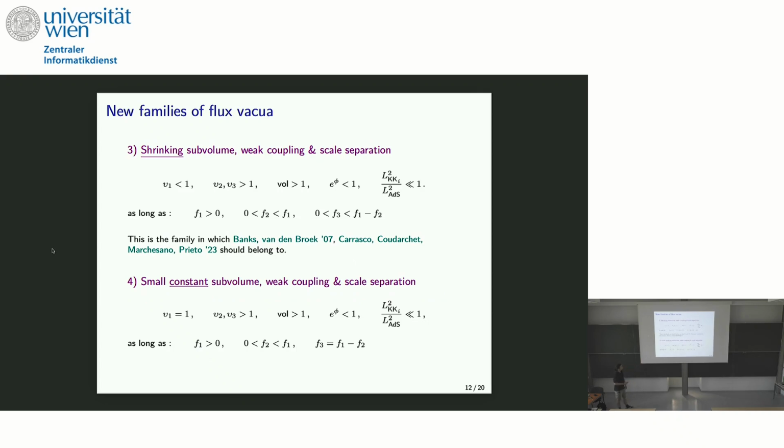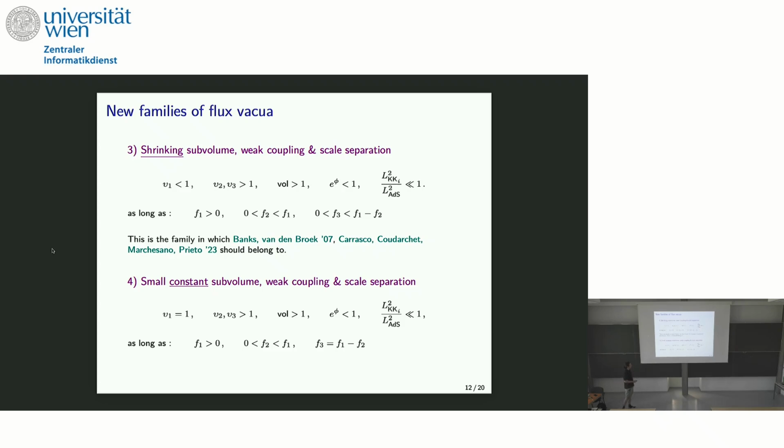Then we want to have scale separation, and we also want to have one subvolume shrinking. So for large values of n, at some point it will reach the string scale. Such a solution exists, and there are other subfamilies of this solution, and it seems that people have studied this, and they were interested in dualizing DGKT and studying type 2A or F theory setups.